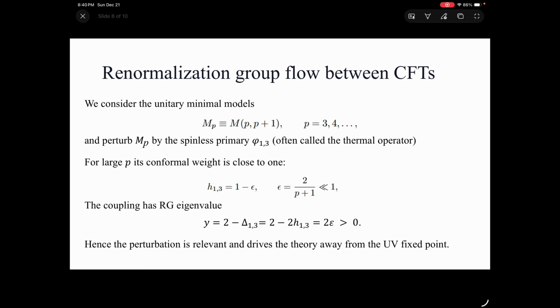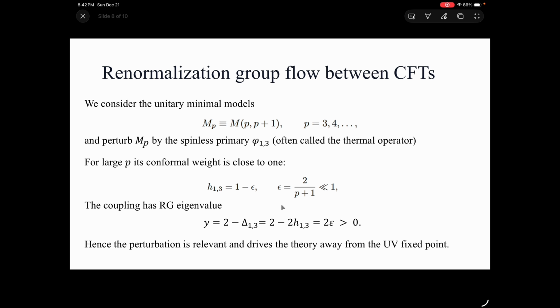Next, we use a spinless primary operator phi_13, or we can say a thermal operator, to perturb M_p. Then from the Kac formula, we know the conformal dimension of the primary operator. Then we add an infinitesimal parameter to this conformal dimension and set epsilon equal to 2 over p plus 1, which is smaller than 1.